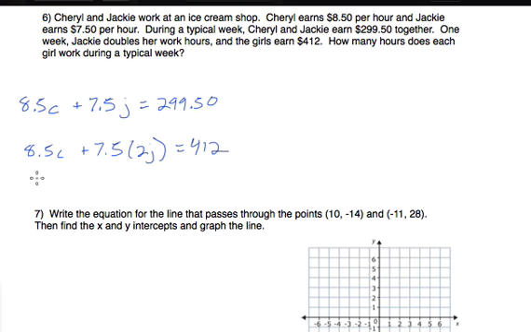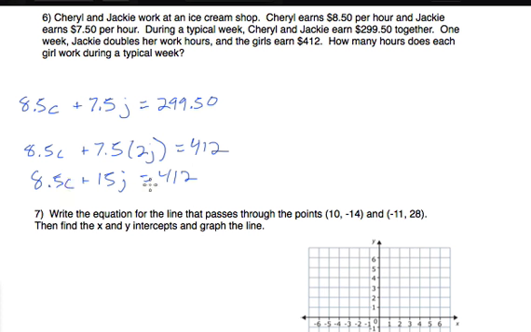So what do we do? We describe one variable in terms of another. So I'm going to use this equation, and I'm going to simplify it. 7.5 times 2 is 15J, plus 8.5C, equals $412.